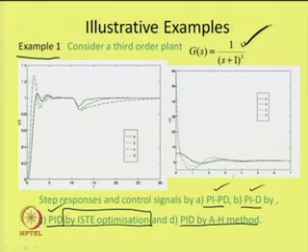Now, the simulation results are shown here, where again it shows that the PIPD controller response given by the solid line in this plot outperforms the responses or performances given by other methods.